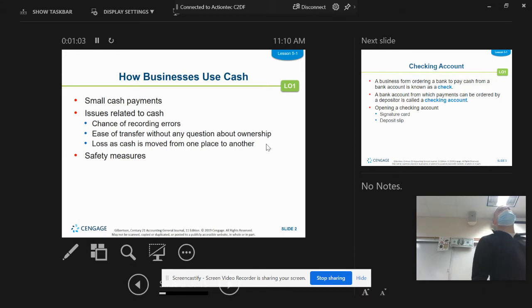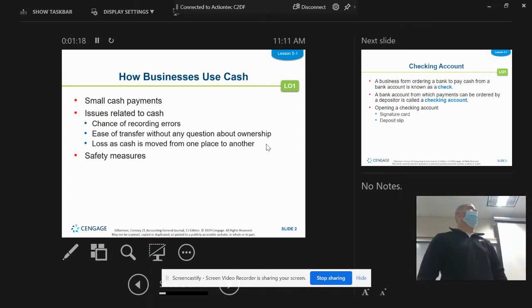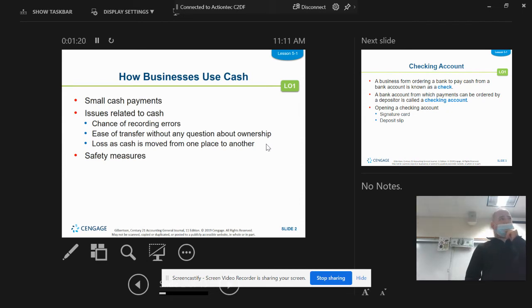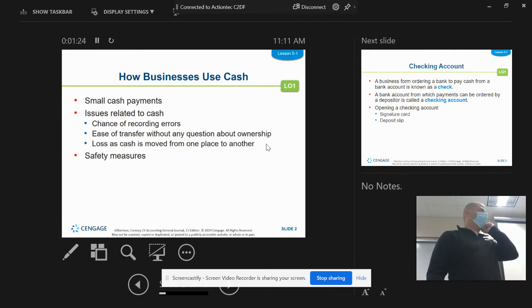This is usually done in the form of checks. So whenever we deal in business with cash, we're going to write a check in most cases. Now it also happens where you have different accounts set up and use a debit card, but it's still important to understand the basics of how cash is shared from one company to another.